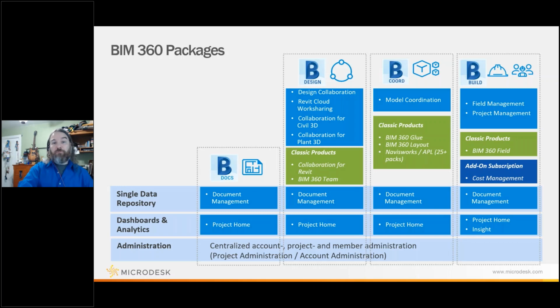Outside of these four main packages, there's also BIM 360 Ops. That's the mobile and cloud service that can work for asset management as well as maintenance and repairs. So if I'm in a building and I have a problem with something, I can go to the app, say I need to open up a ticket, and that creates the ticket and sends it to the service person, and it includes all the asset information.